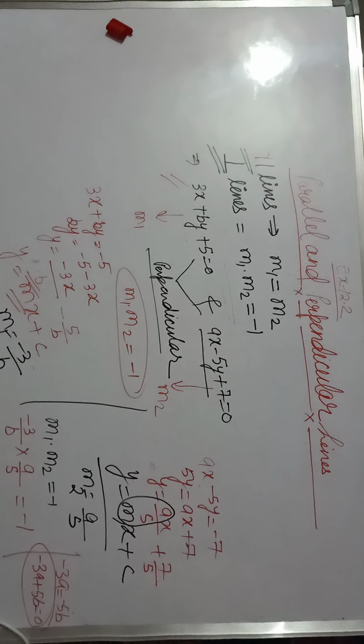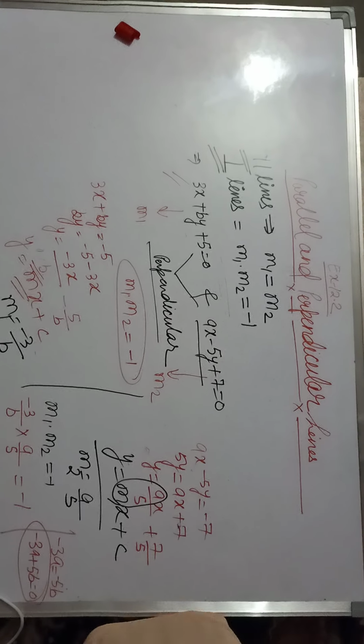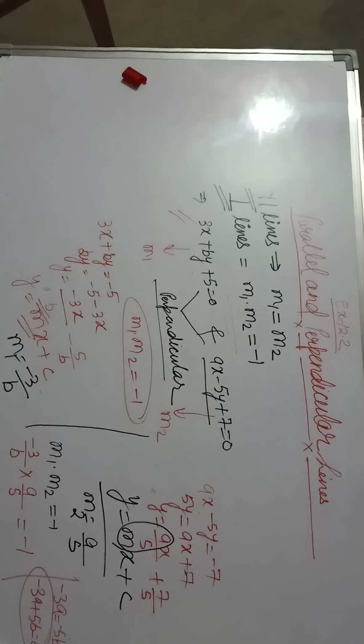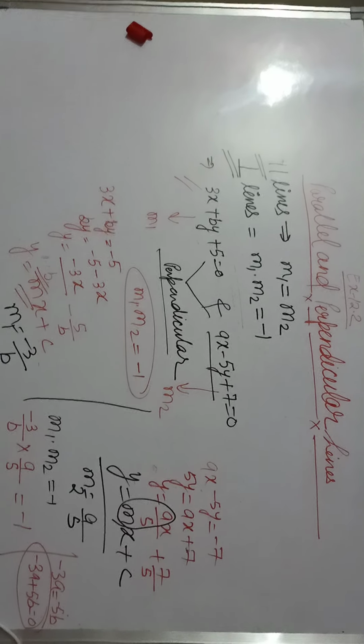Next question. The next type is: if the line passes through two points and is perpendicular to the given line.